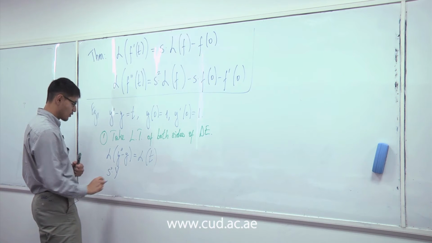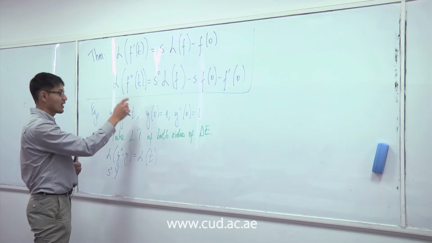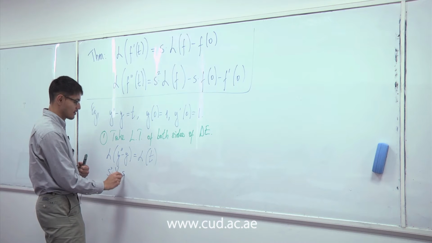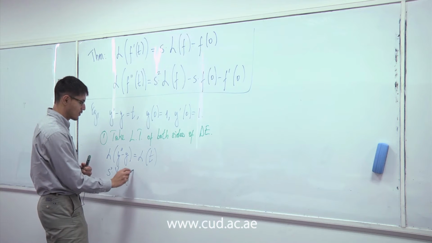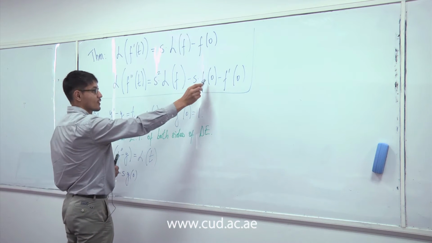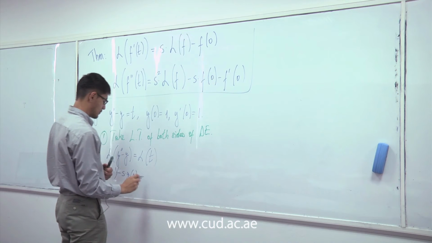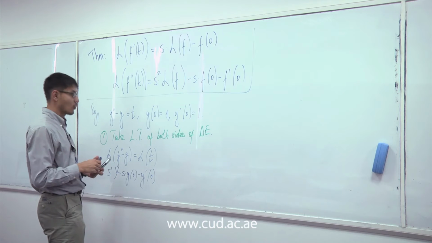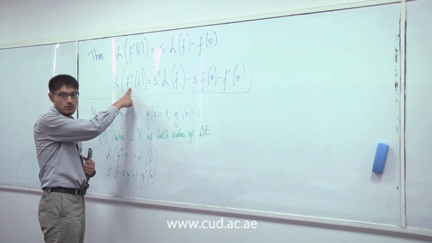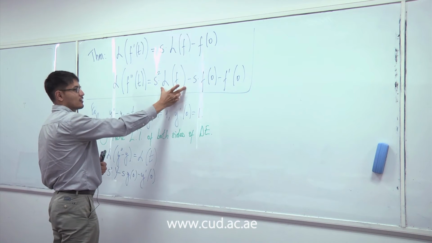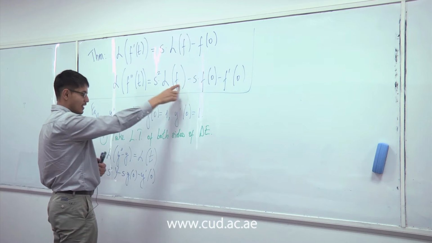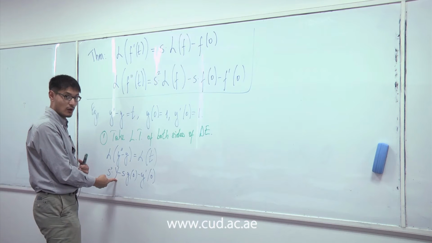We're going to just call Laplace transform of little y capital Y, minus s times y of 0 minus y prime of 0. Okay, so all I did is instead of f I used y, and when you have Laplace transform of little y, I denoted it with capital Y.